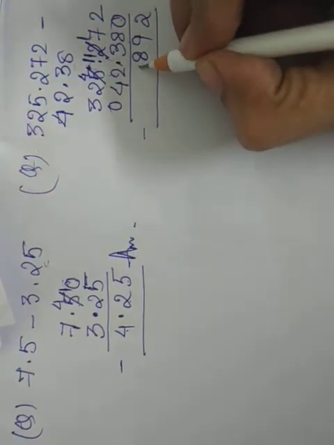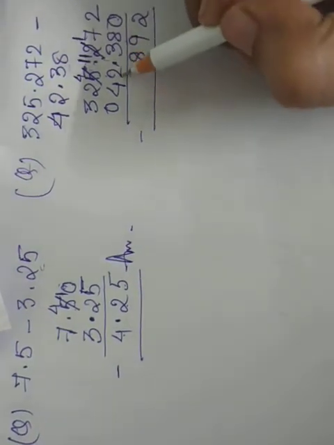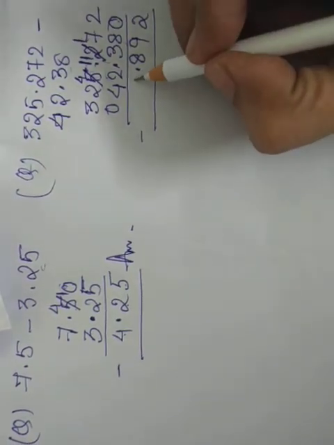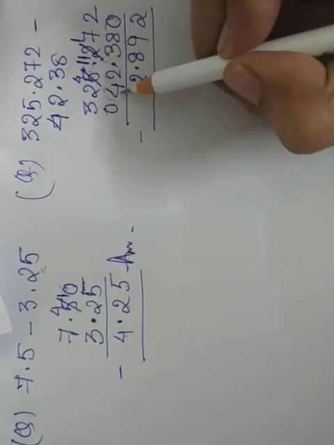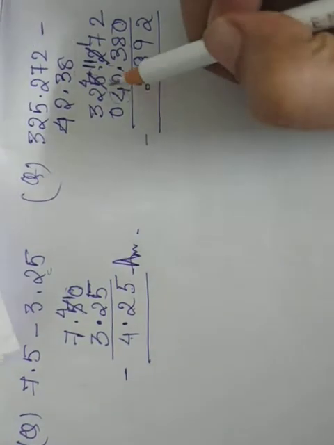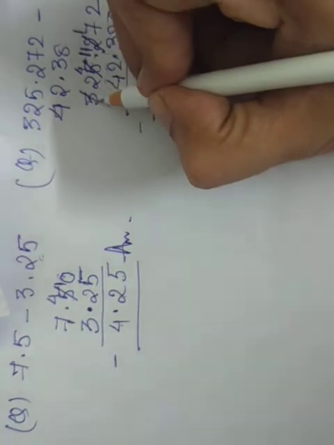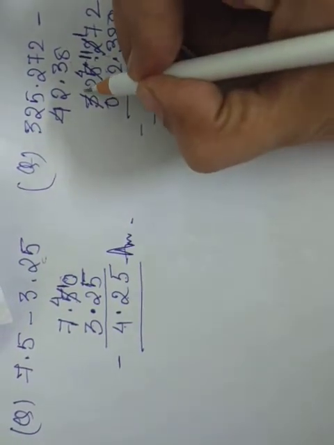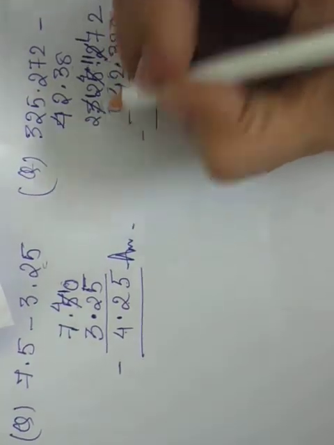Now put the decimal. Just below the decimal, put a decimal. Now if I subtract 2 from 4, it will give you 2. Now see, here it is 4, and here 2. We cannot subtract 4 from 2. That means I have to borrow from this 3. If I take 1, it will make it 12, and here it will be 2.